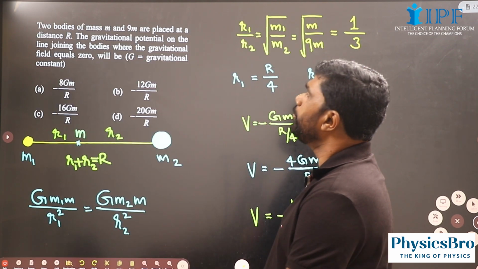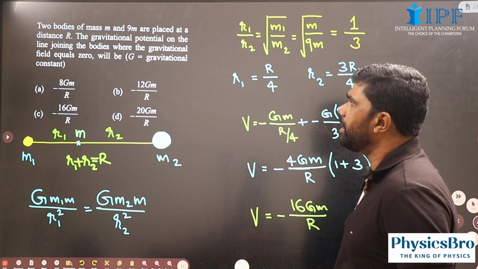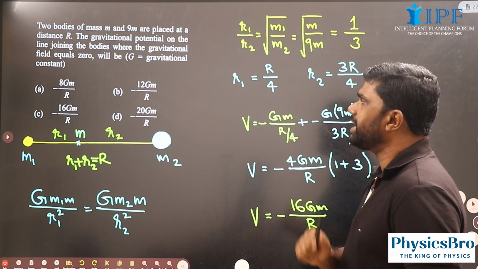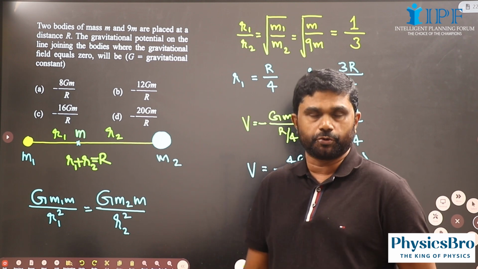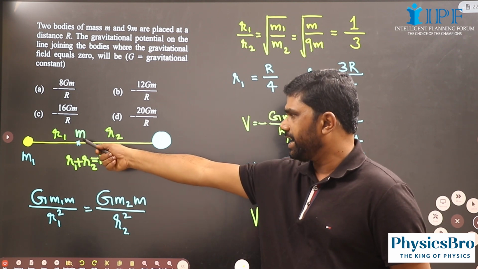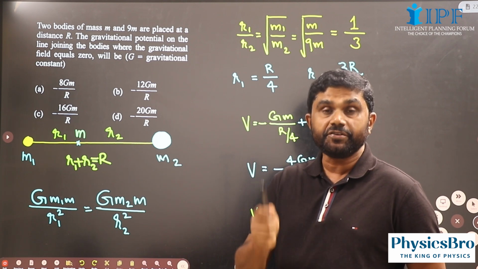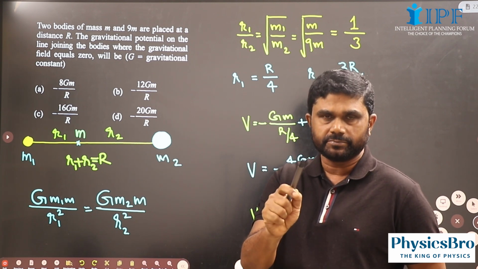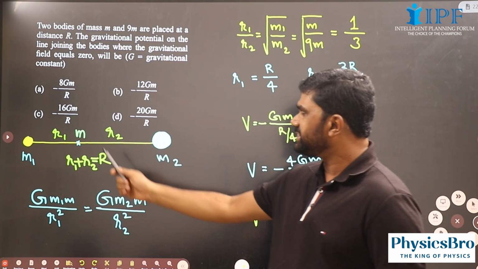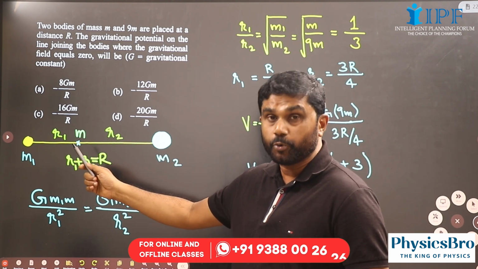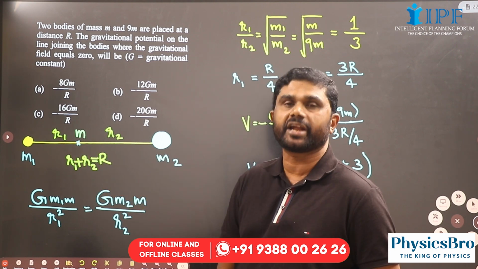Now, two bodies of masses m and 9m are placed at a distance capital R. Find the gravitational potential on the line joining the bodies where the gravitational field is equal to 0. Suppose here is the point where the gravitational field intensity is 0. So if you keep a test mass, say m, at that position, the resultant force on it will be 0, means this test mass will be pulled with equal forces by both these bodies of masses m1 and m2.